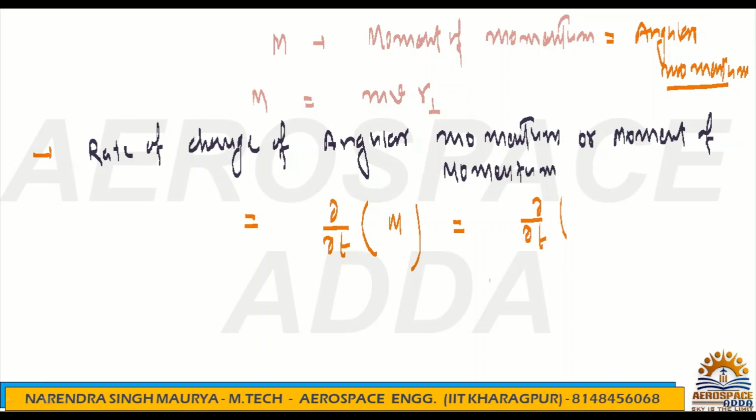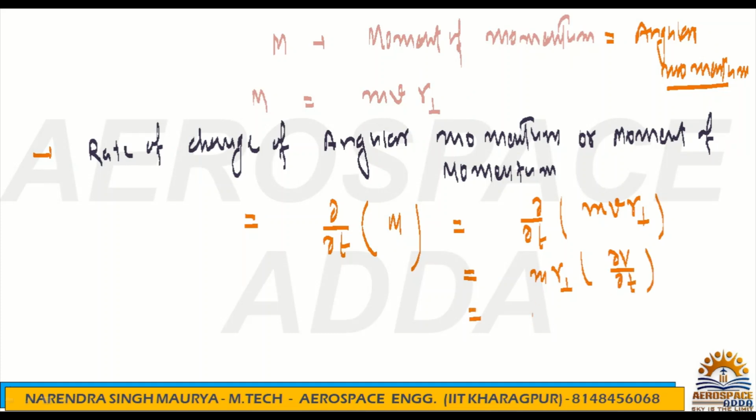So here it's ∂/∂t of M, where M is nothing but m v times the perpendicular distance r. Now see, mass m is constant, and the perpendicular distance r is also constant. So it's dv/dt. What is dv/dt?